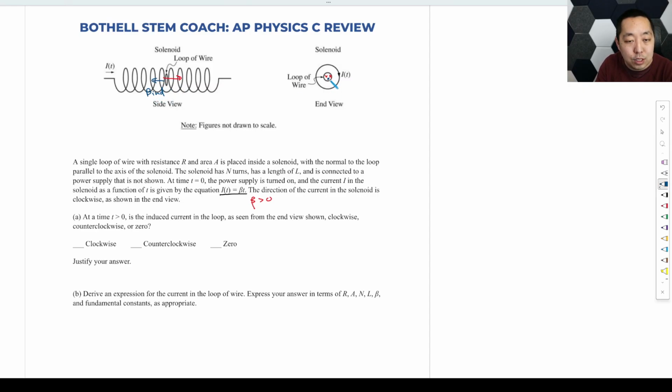We want to induce a magnetic field to oppose that change in flux, right? So if we oppose that change in flux, then from the N view, to create this magnetic field, the current has to go this direction. It's going to be counterclockwise because it opposes the increasing flux through the loop.